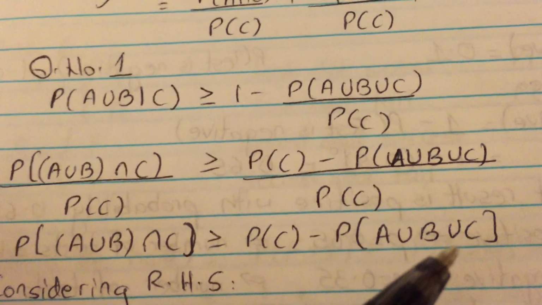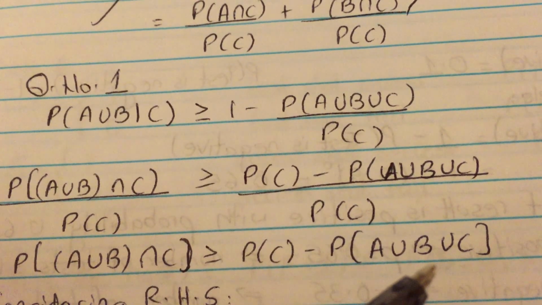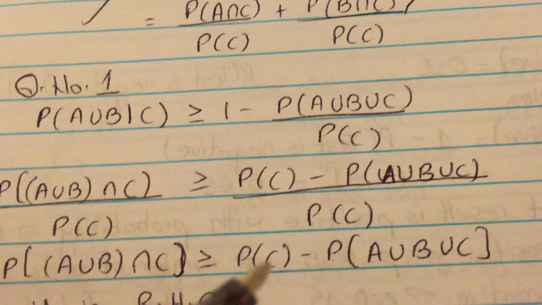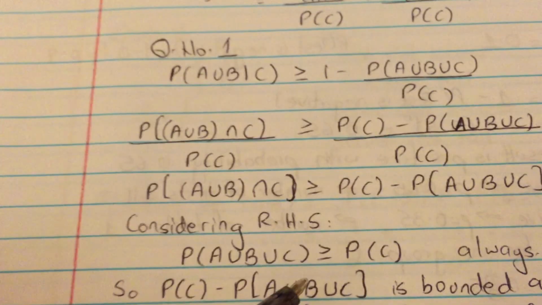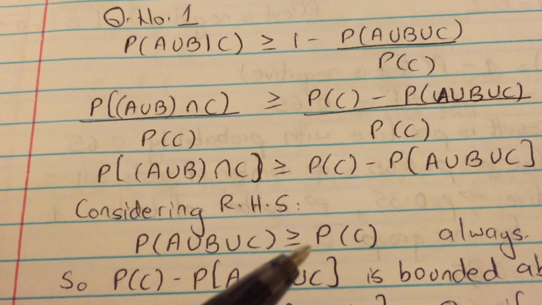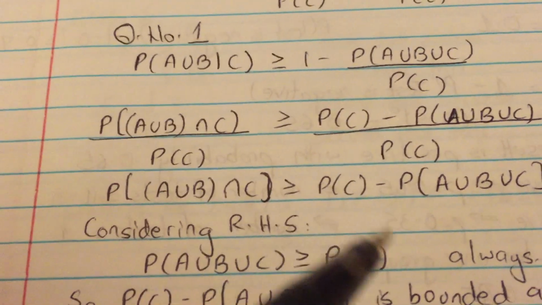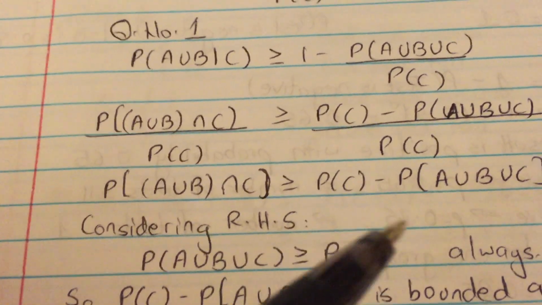This means that the probability of A union B union C is at least as much as that of probability of C. So we see that the probability of A union B union C is always greater than or equal to probability of C. Hence, this right hand side is bounded above by 0.